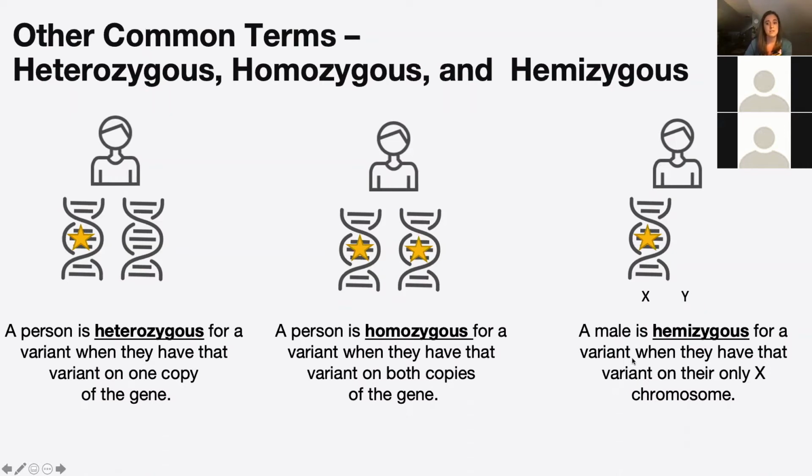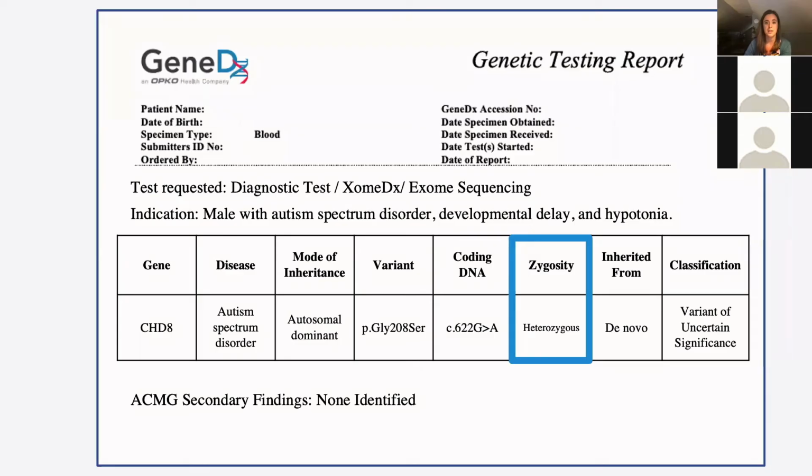And hemizygous is used to describe males who have the variant on their only X chromosome. So they only have one copy and they have the variant on that particular gene. So if we go back to the report that we've been walking through, zygosity is sort of the bucket for these terms, and this individual is heterozygous. So that tells us that they have the CHD8 variant on one copy of their gene.